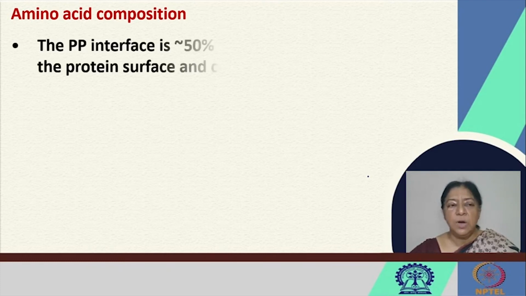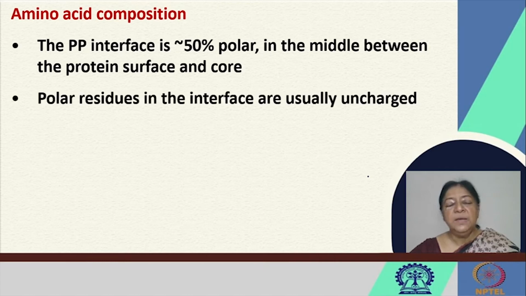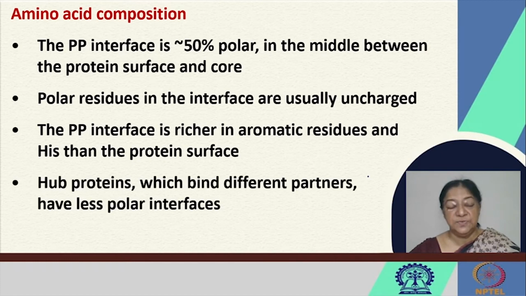The amino acid composition that is seen at the protein-protein interface is approximately 50% polar in nature, in the middle between the protein surface and the core. And the polar residues in the interface are usually uncharged in this case. And we see that they are richer in aromatic residues and histidine than the protein surface.